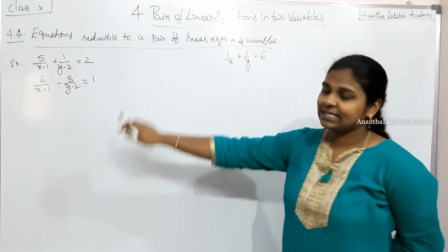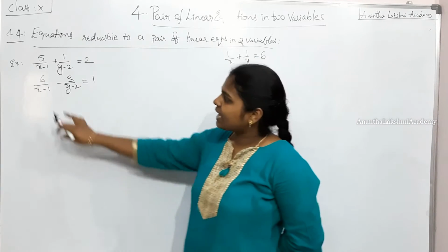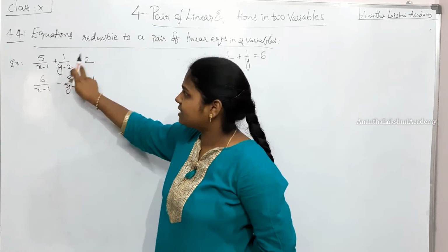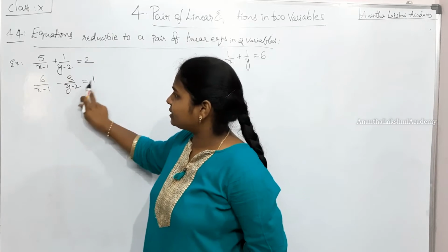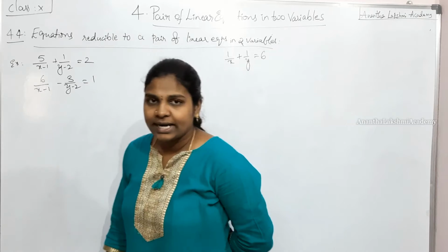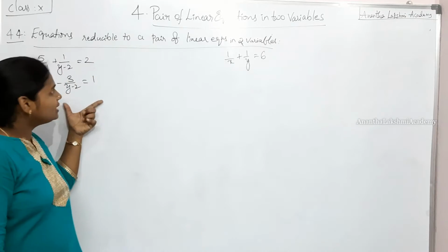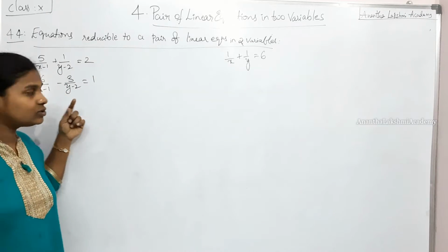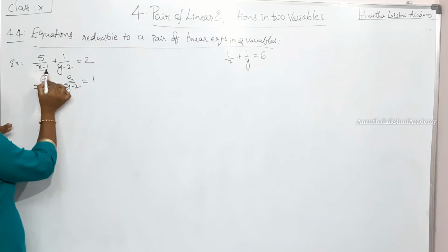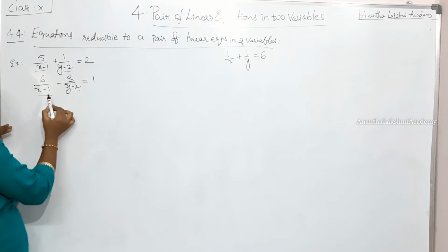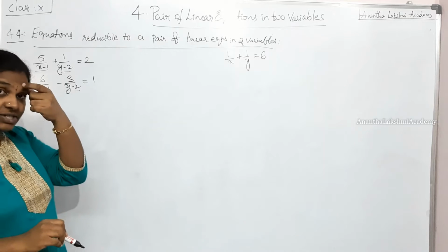So I have an example here: 5 by x minus 1 plus 1 by y minus 2 is equal to 2, and 6 by x minus 1 minus 3 by y minus 2 is equal to 1. Under this concept, we have to check whether the denominators are the same for both equations.